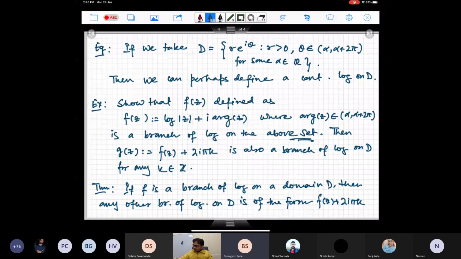So any other branch of logarithm is going to be of this form, for k in Z.